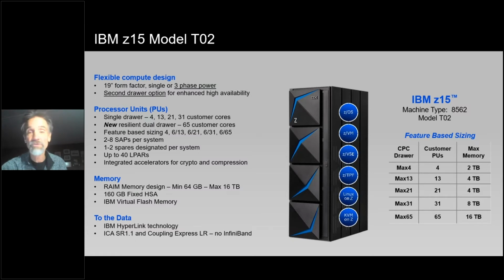The rest can be used for things like ICFs, zIIPs, and IFLs. So you still have all those options for characterizing the processor to meet your needs. There are 2 to 8 SAPs per system, depending on the configuration. And like with the Z13s, Z14, and now the Z15, you can have up to 40 LPARs for your environment.